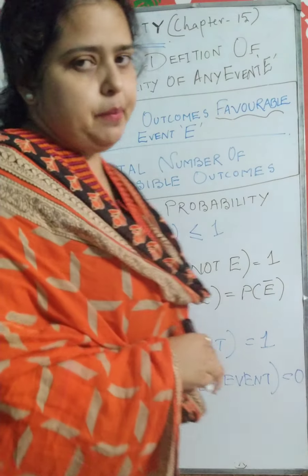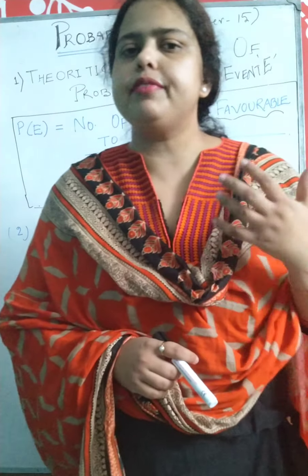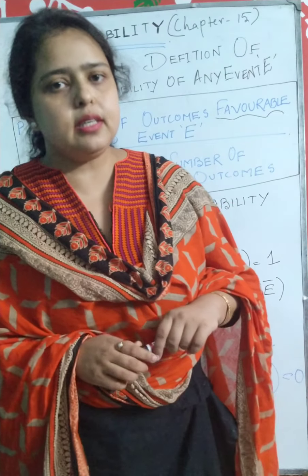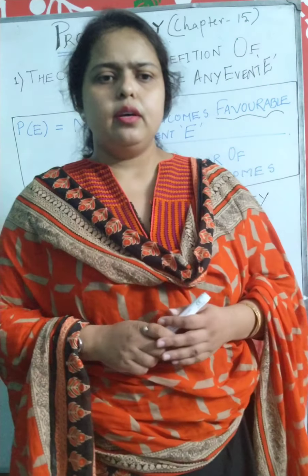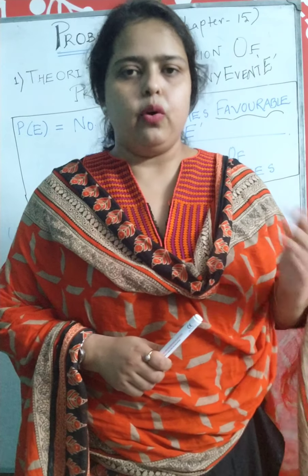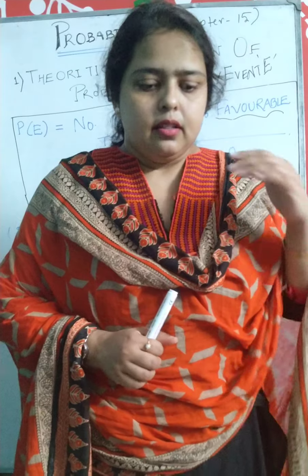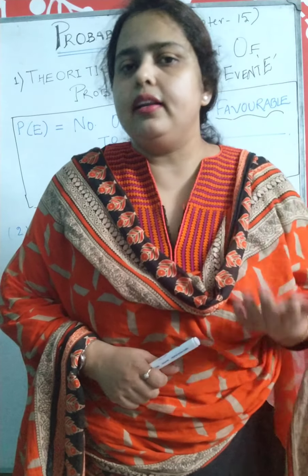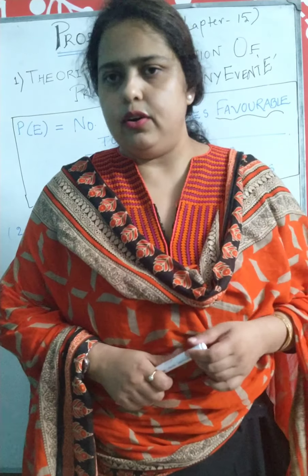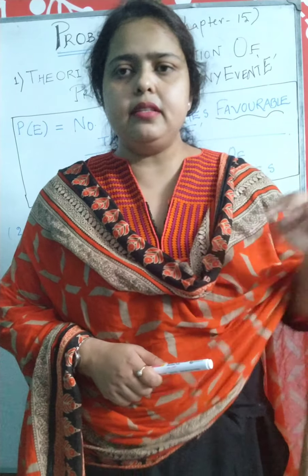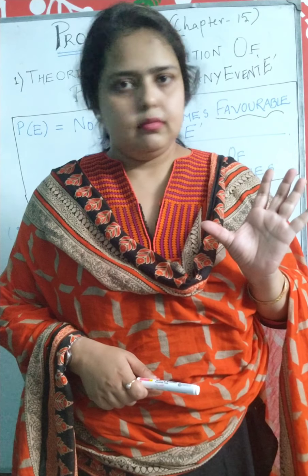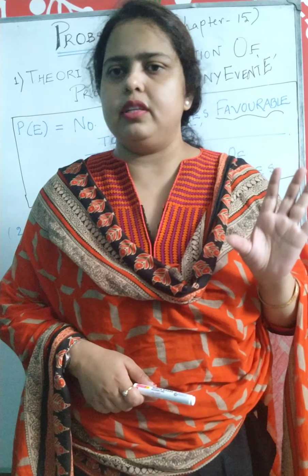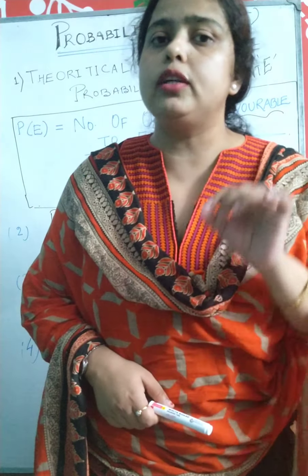Not E. That means if E is the event whose occurrence probability we are calculating, I am going to calculate the complement of the occurrence of E. That means I am going to calculate the probability of E complement, which means anything other than E. Listen carefully and please focus on this word. Complement of E means not E. Correct?